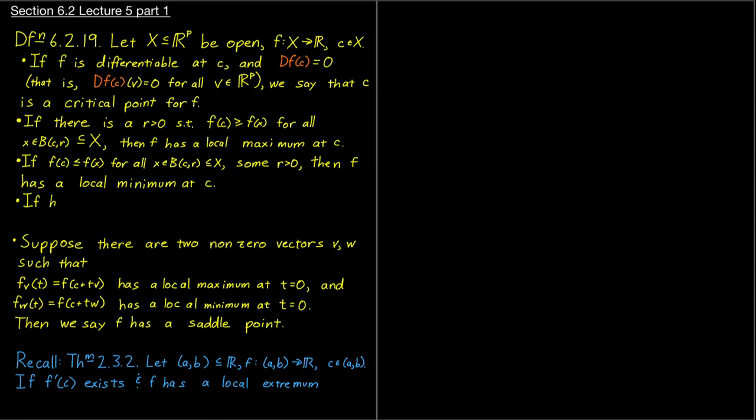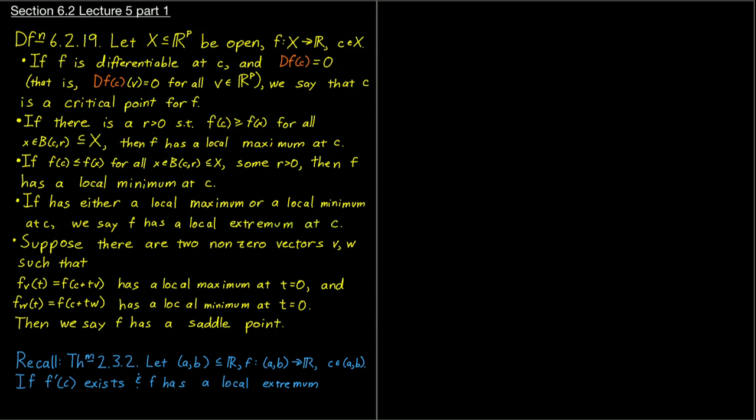So if f has either a local maximum or a local minimum at C, we say f has a local extremum at C. So if f prime of C exists and f has a local extremum at C, you aren't guaranteed a derivative, but if you have a derivative, then you all know what it is. f prime of C has to be 0. So we have a not very surprising theorem.